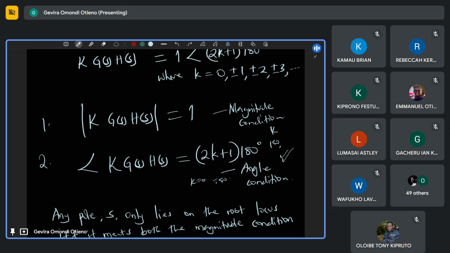So we have to know the gain that allows the system to remain stable, even if it lies within the root locus. Because the gain of that system could be as high as infinity, but it could at that point be seriously oscillating. So it is important for us to get the angle condition and the magnitude condition.